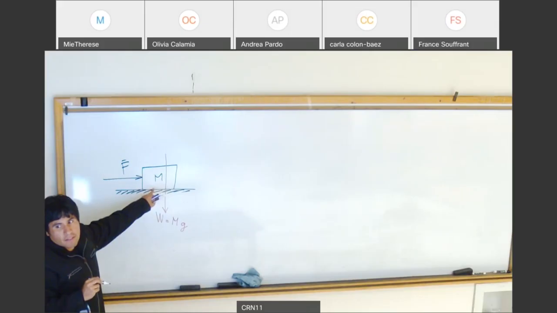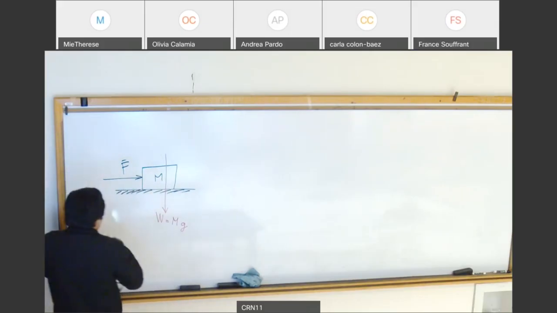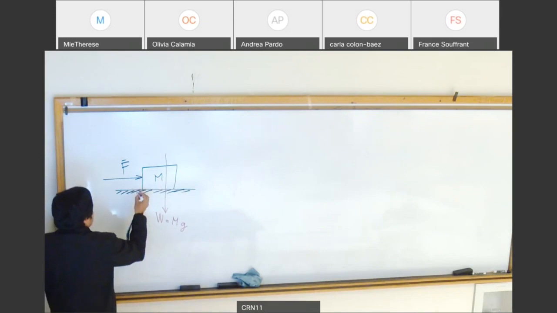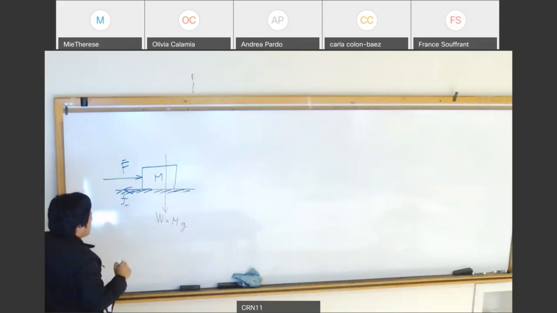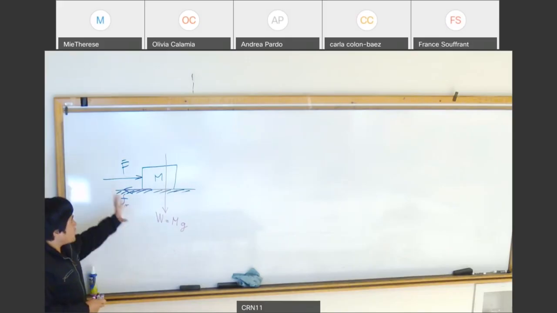There is a strong friction between the mass and the surface here. We call that little f or fr, just to label it as friction. All right? So the friction opposes the motion that you're trying to give.